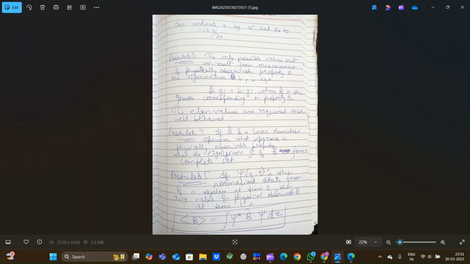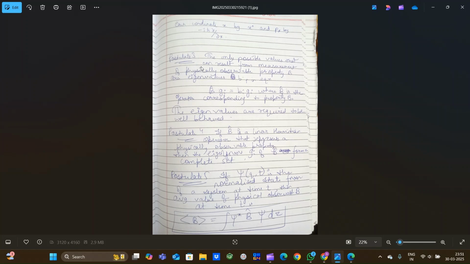There, your H operator is your quantum mechanical operator, and the eigenvalue that it gives after being operated on psi is E. This E value will be real, not imaginary. So this is another postulate that you need to learn.